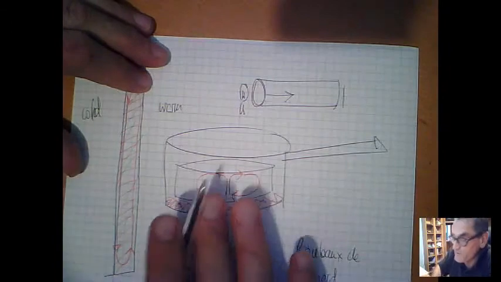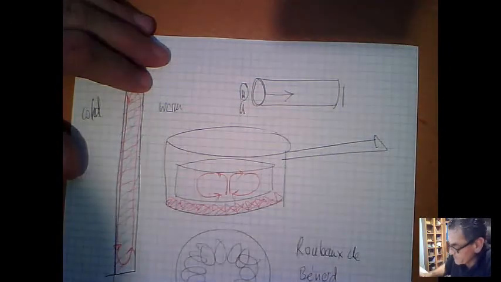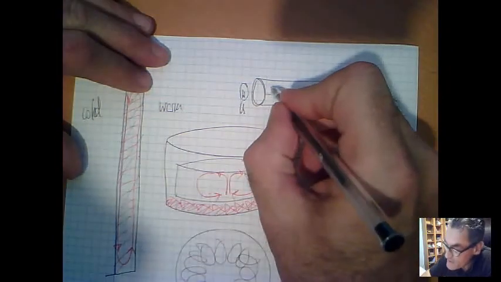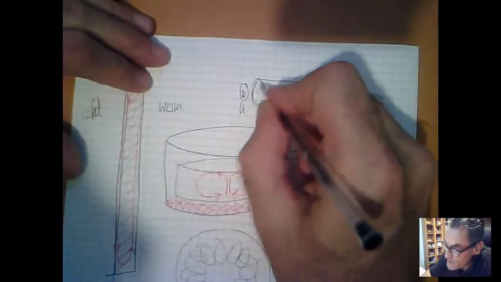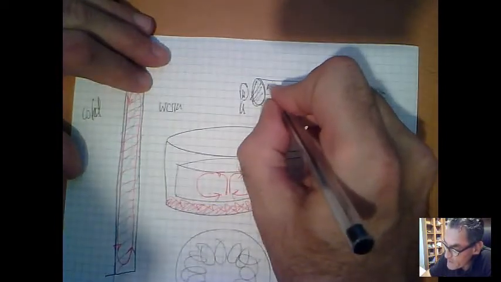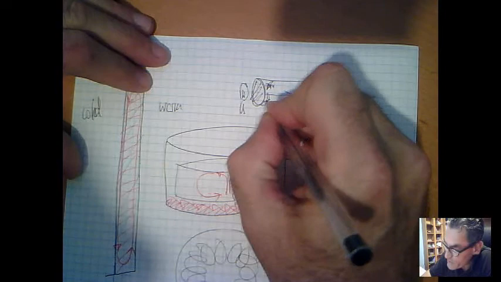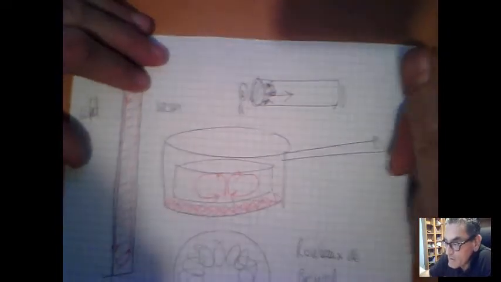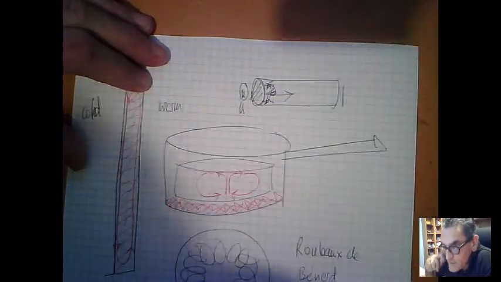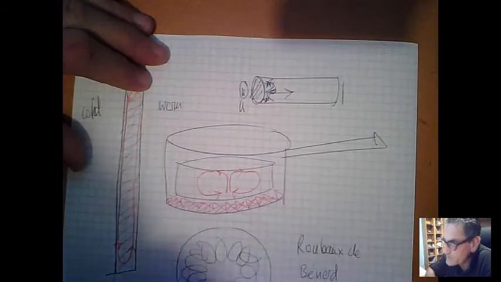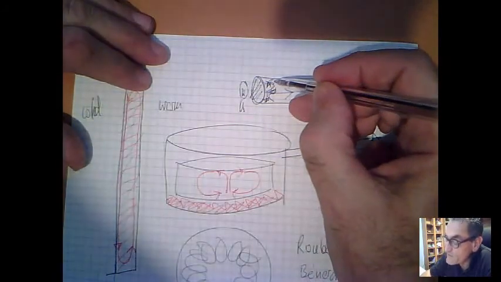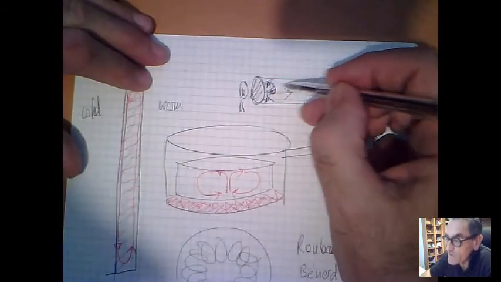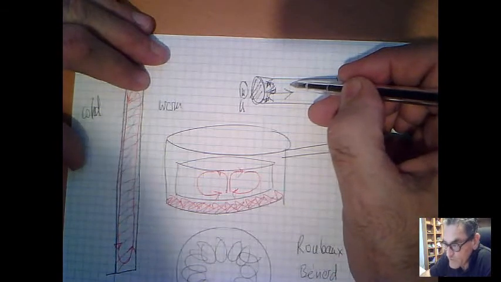That's a completely different mechanism from the mechanism of convection. This is because if you heat up this part of the bar, your molecules are going to get more active kinetically. Okay, they are going to vibrate more around their stable position. And this vibration is going to affect the molecules which are next to them.